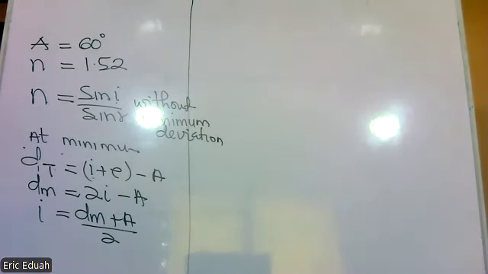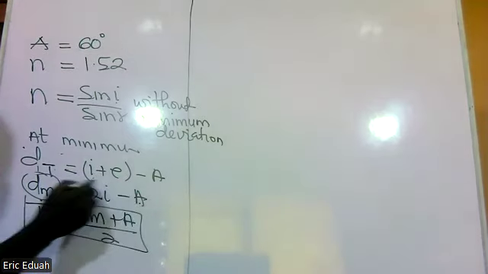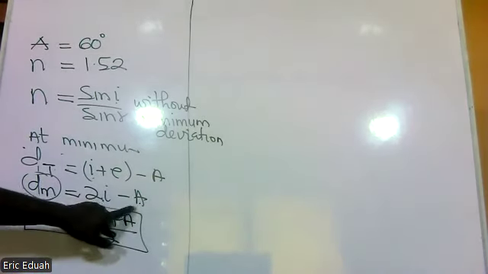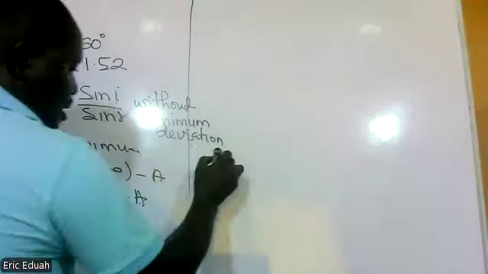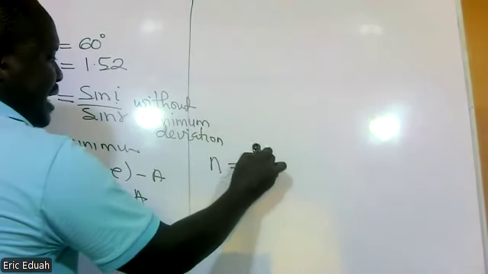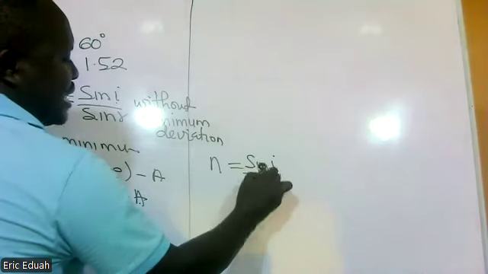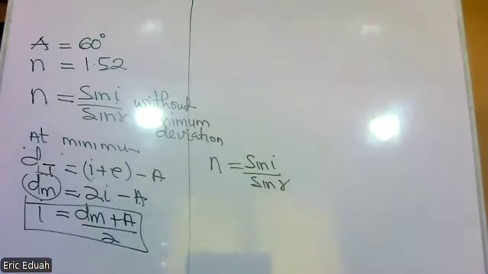But the question is that we are to find dm. So this will be of no use for now. All that we are looking for is this. So we will need A, we will need I. We have A. How do we determine I? Using n is equal to sine I on sine R, which is also the same as the other formula we derived.